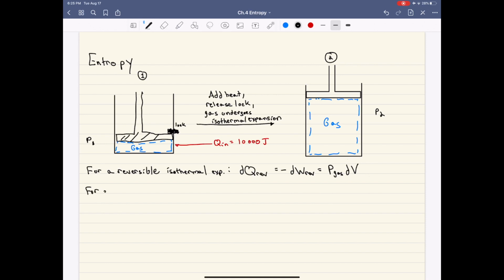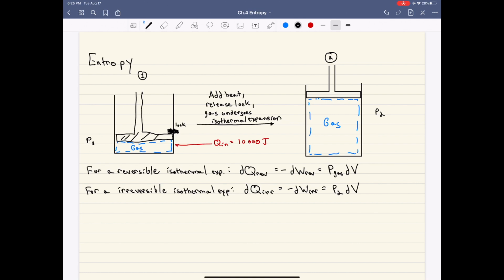For the irreversible isothermal expansion, our dqIRR was equal to the negative of dwIRR, and we know that's just equal to the pressure at state 2 times dV.